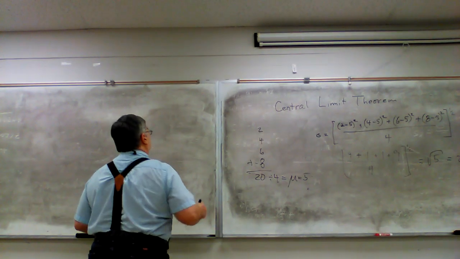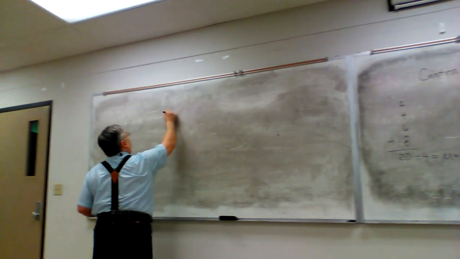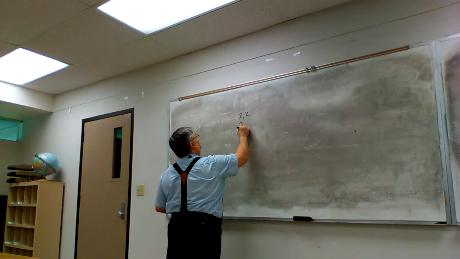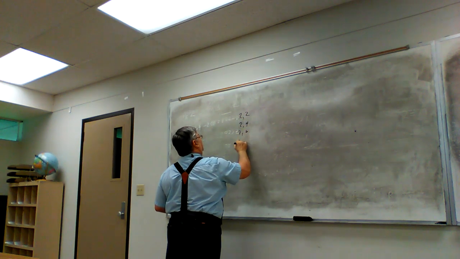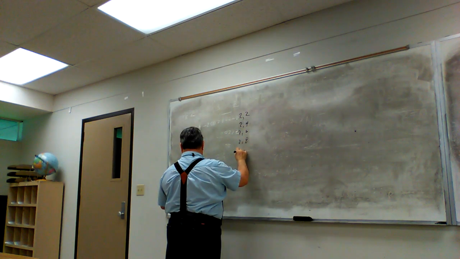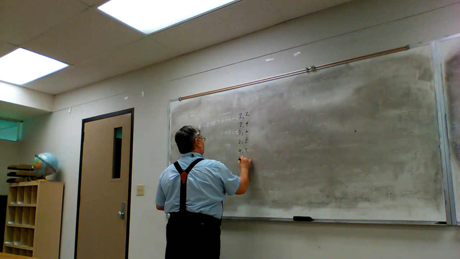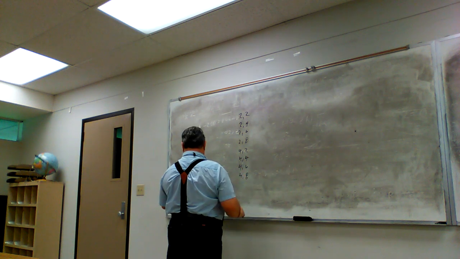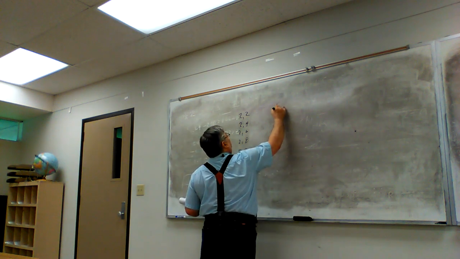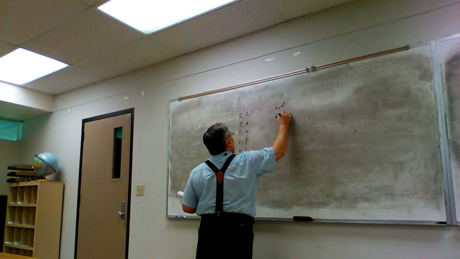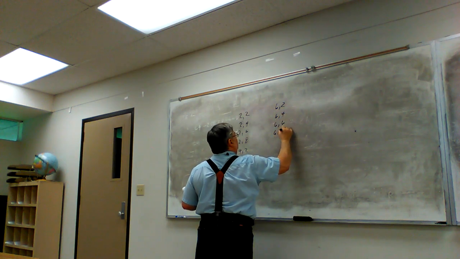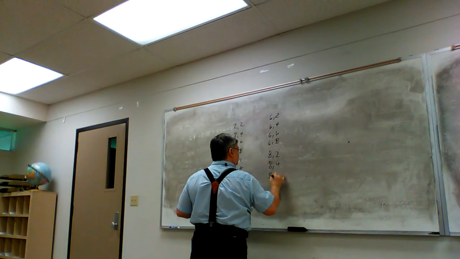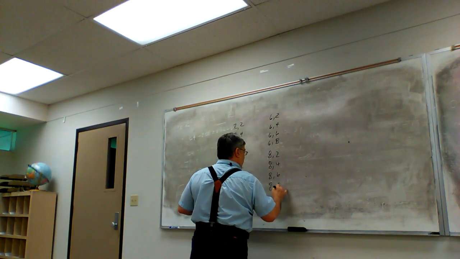Every possible one would be 2 and 2, 2, 4, 2, 6, 2, 8, 4, 2, 4, 4, 4, 6, 4, 8, 6, 2, 6, 4, 6, 6, 6, 8, 8, 2, 8, 4, 8, 6, and 8, 8.